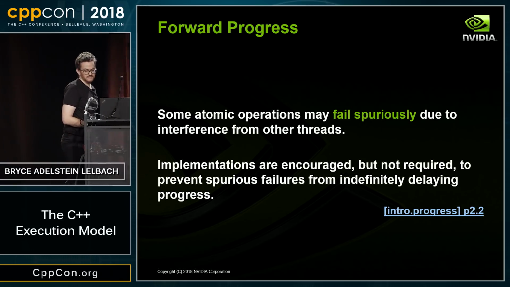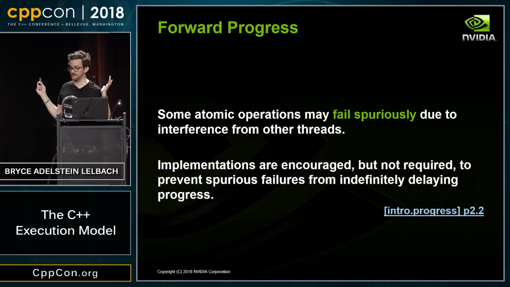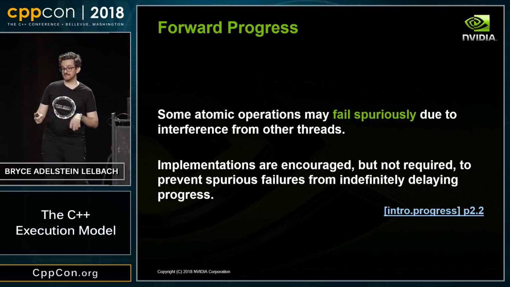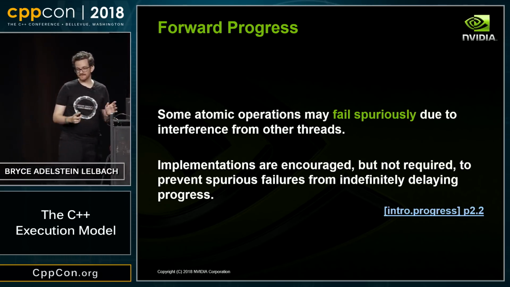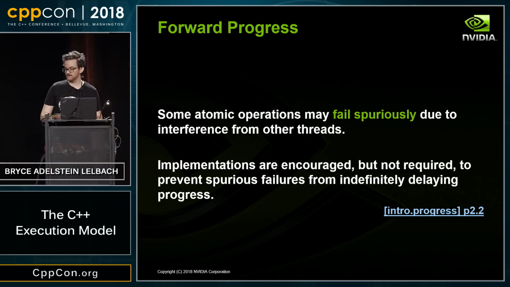The place where this comes up is on a load-locked store-conditional architecture, where another thread might repeatedly steal the cache line you're operating on in between the load-locked and the store-conditional instruction, just because it needed some other data on that cache line. In theory, that could delay you forever, but in practice it's not really a concern. There are other forward progress concerns in C++ that are a bigger deal, but it's worth mentioning at least.